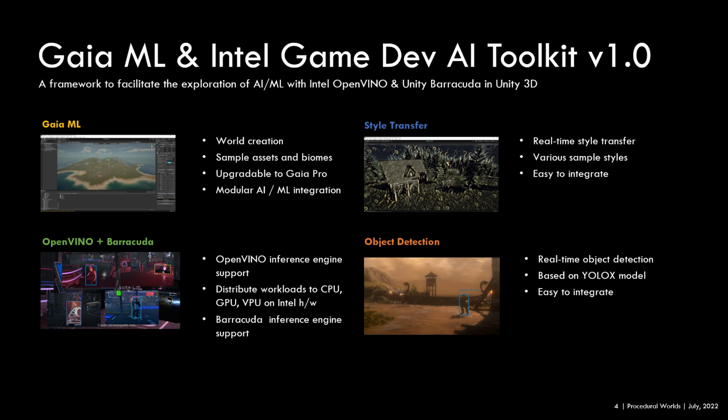The first is Gaia ML from Procedural Worlds, and what we've done here is we've integrated Intel's OpenVINO and Unity's Barracuda inference engines into our world building suite. The idea here is to give you some great tools within which to start your exploration of AI and machine learning in 3D environments. With these tools, we provide samples for style transfer and object detection.